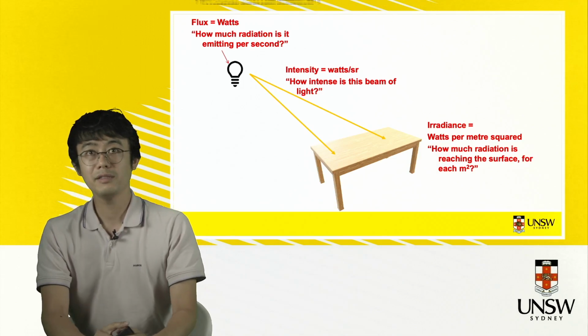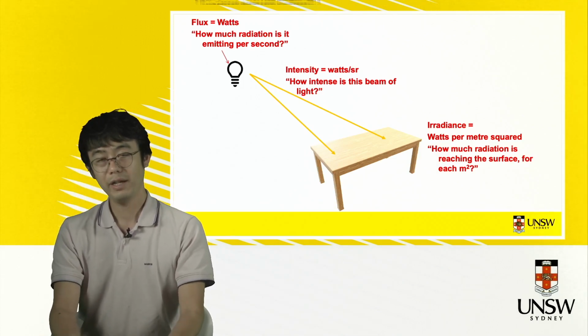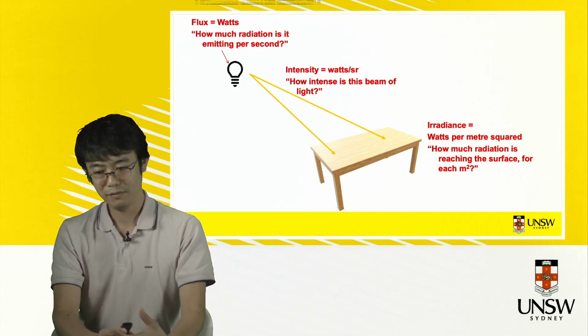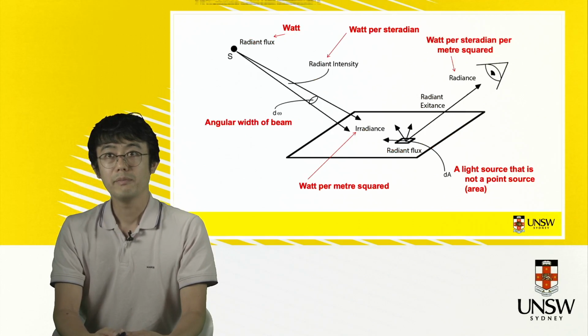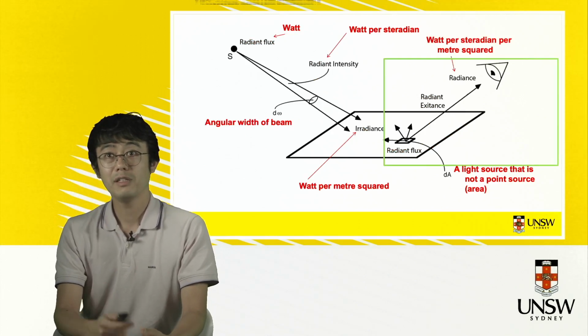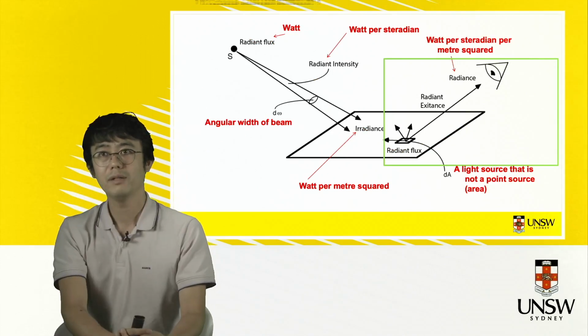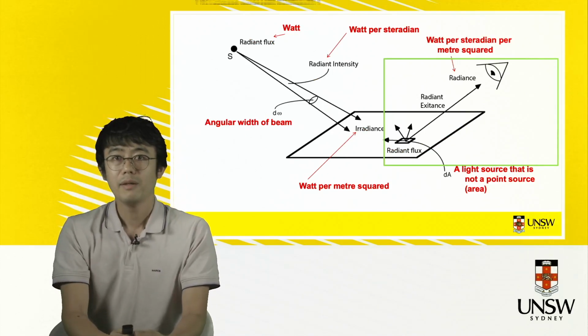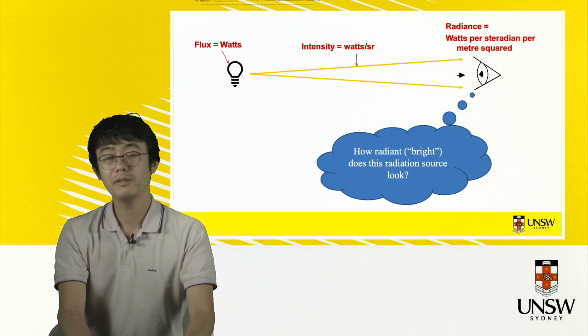So in the last lecture, we talked about flux, intensity, and irradiance. And here's the plain English description of it. That's the left-hand side of the diagram. So we now need to talk about the right-hand side of the diagram. So you have your flux, you have your intensity.